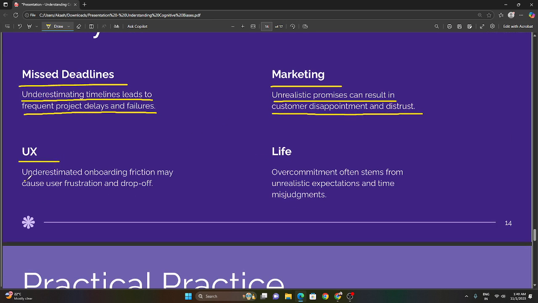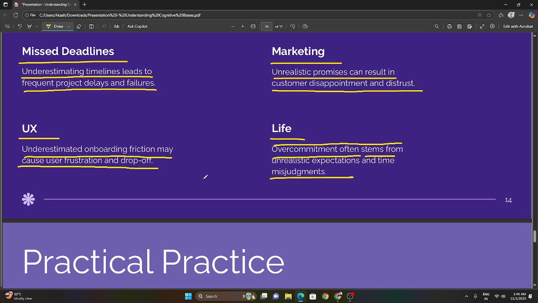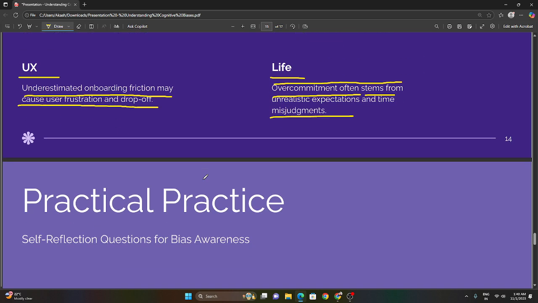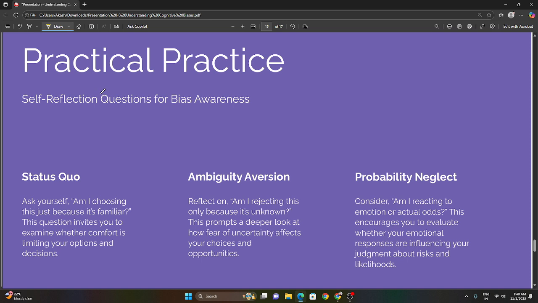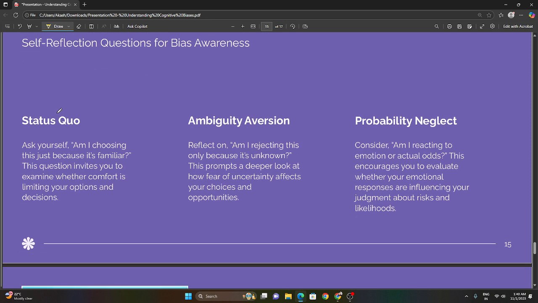In UX, underestimated onboarding friction may cause user frustration and drop off. In life, overcommitment often stems from unrealistic expectations and time misjudgment. That's the thing. So this is how you practically practice these biases.